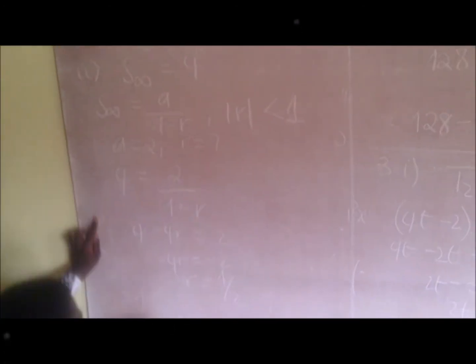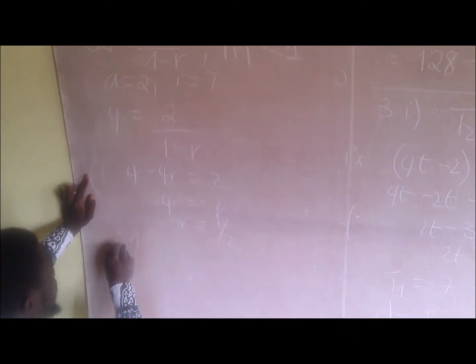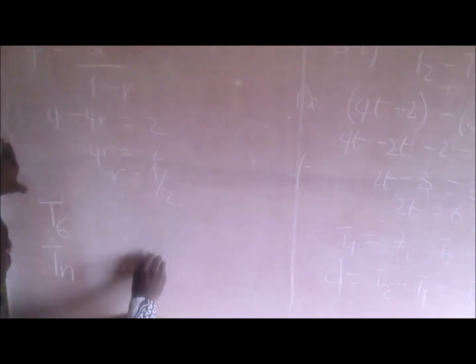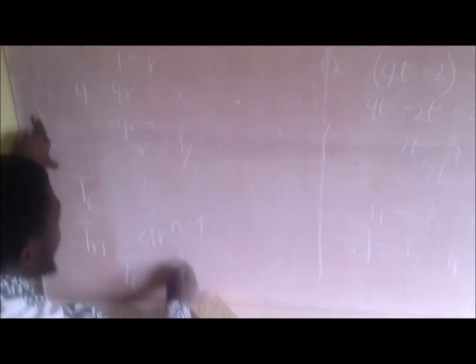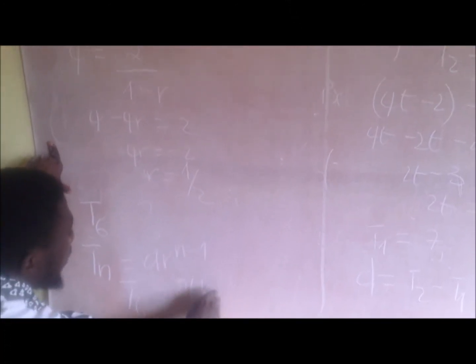Now the next part of the progression, that is t6. Generally we have tn for a geometric progression is equal to a r to the power n minus 1. So t6 will be equivalent to a is 2, and r is equal to a half, and a half to the power 6 minus 1, which is 5.